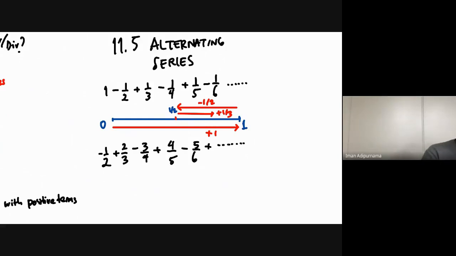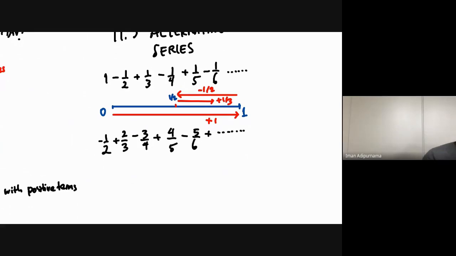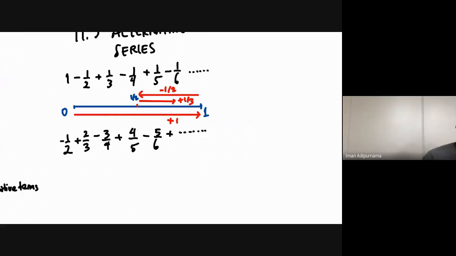Now the same way, the second series will be minus half and then plus 2 over 3 minus 3 over 4. So it's going back and forth. Going forward, going back, going forward, going back.